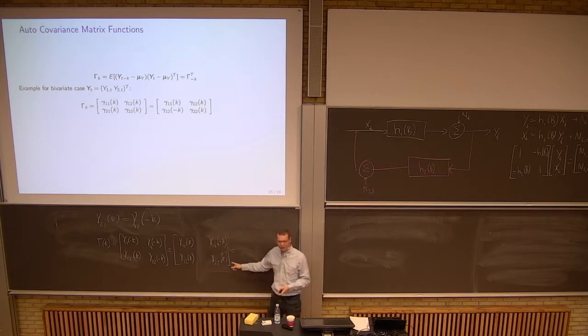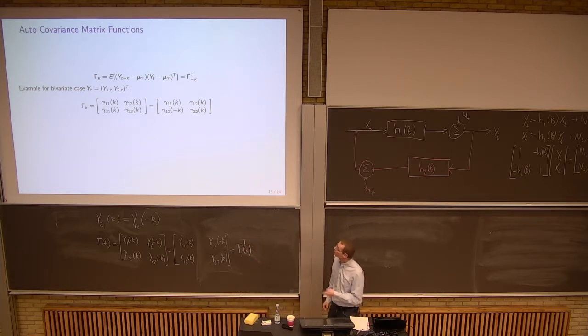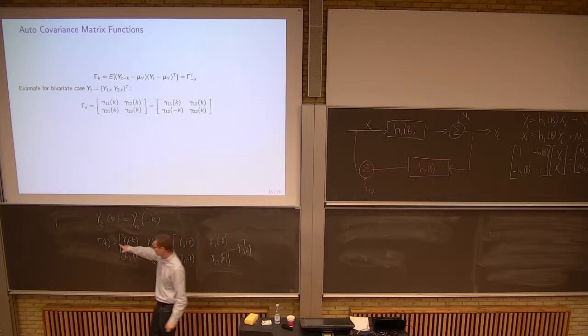And if you look at this, it is the transpose of this matrix here. So this is the transpose of uppercase gamma of k. The only difference to that expression up there is that up here the transpose is not there, but here it is.